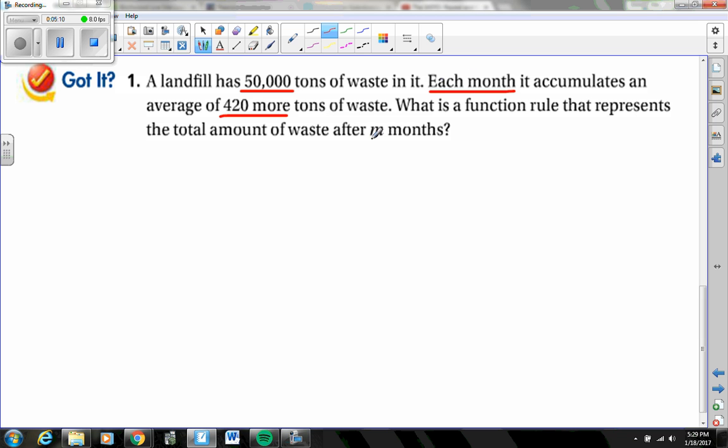Each month implies multiplying by a variable m. Total amount of waste after m months, I would use W and m. I'd start W equals, because waste is something with these numbers. Take a minute and look at that, then come on back and I'll show you what we should get.